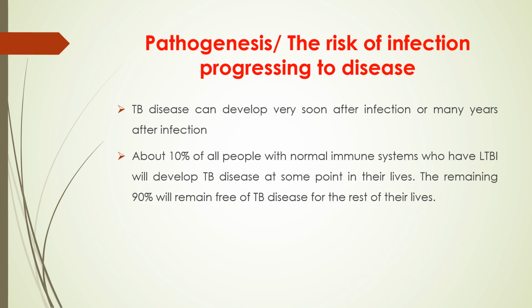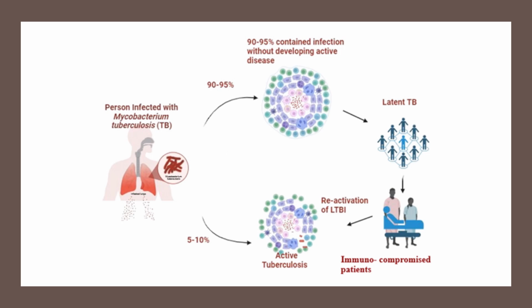So, what is the risk of infection progressing to a disease? When a patient has an infection, it is rare, if he has no immunosuppression, to develop the disease, and mostly 90% of the patients will remain free of tuberculosis disease for the rest of their lives, and only 10% will develop the disease sometime in their lives.